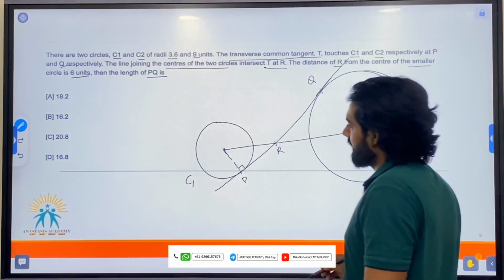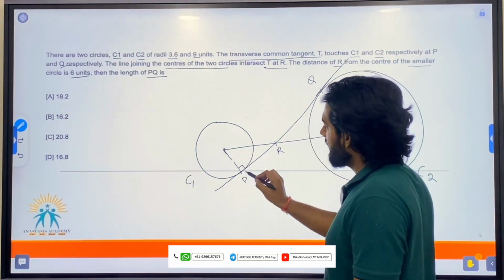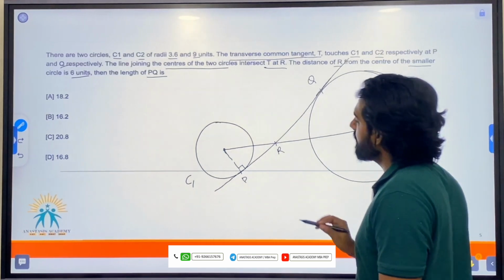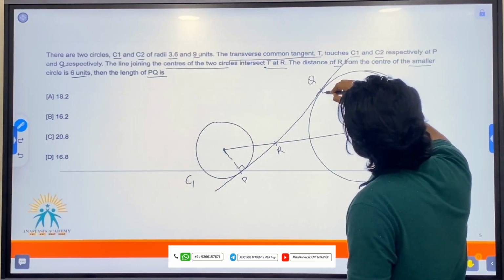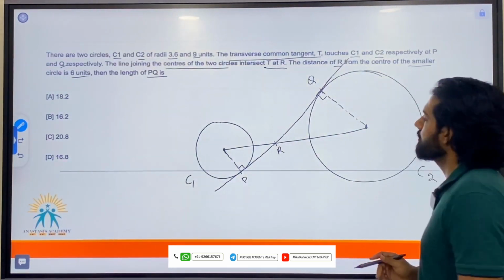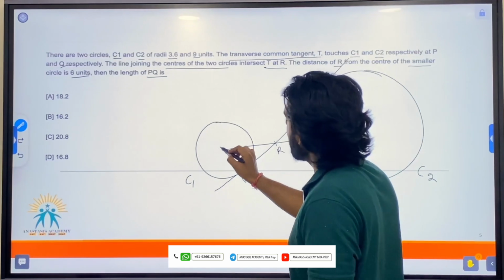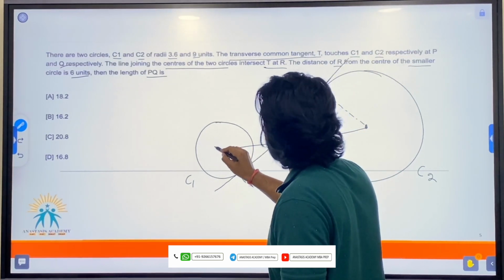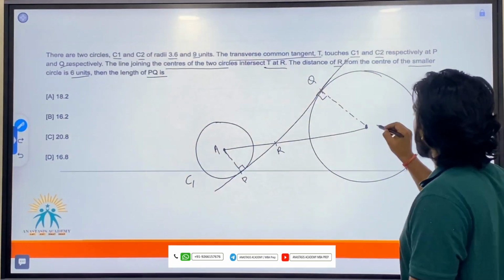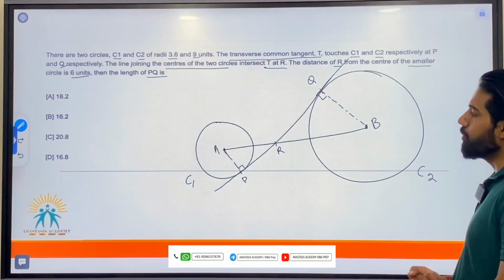I know when I connect the center of a circle to the point of tangency, this length becomes perpendicular to the tangent. So when I join this line also, it is perpendicular to the tangent, right? I am calling this point A, the center of circle C1, and this point B, the center of circle C2.